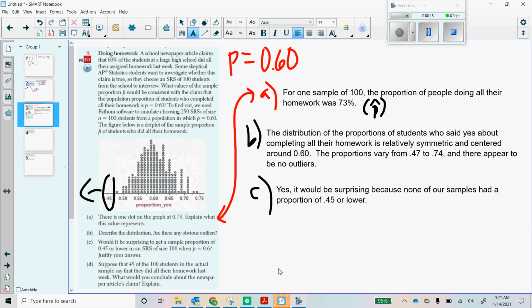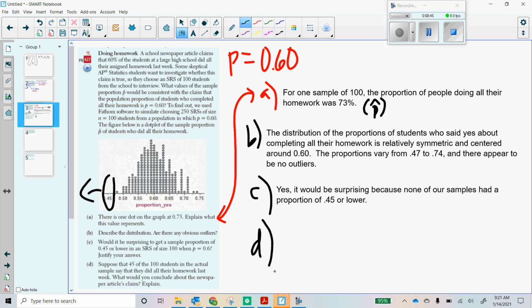Let's take a look at part D. Suppose that 45 of the 100 students in the actual sample say that they did all their homework last week. Okay, so the newspaper claimed it was 60%. So the statisticians decided to see if this was reasonable. They took a sample, and yes, it was only one sample, but think about it, guys.